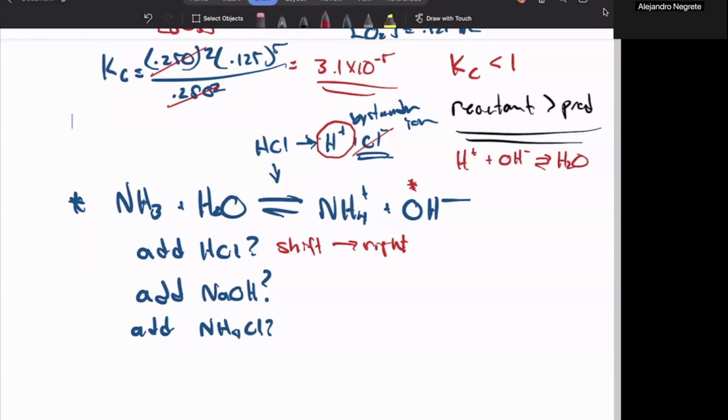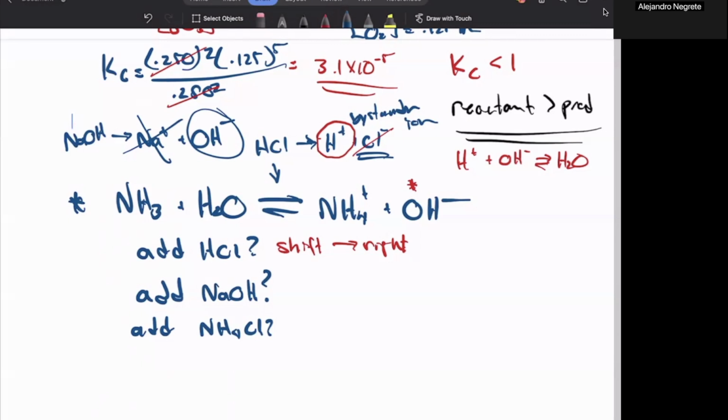Now sodium hydroxide. If we add some sodium hydroxide into the reaction, let's take a look at that. If we add sodium hydroxide, a strong base, it's going to dissociate into some sodium ions and some hydroxide ions. So the sodium ion is a bystander ion. It's not going to affect anything in the reaction.